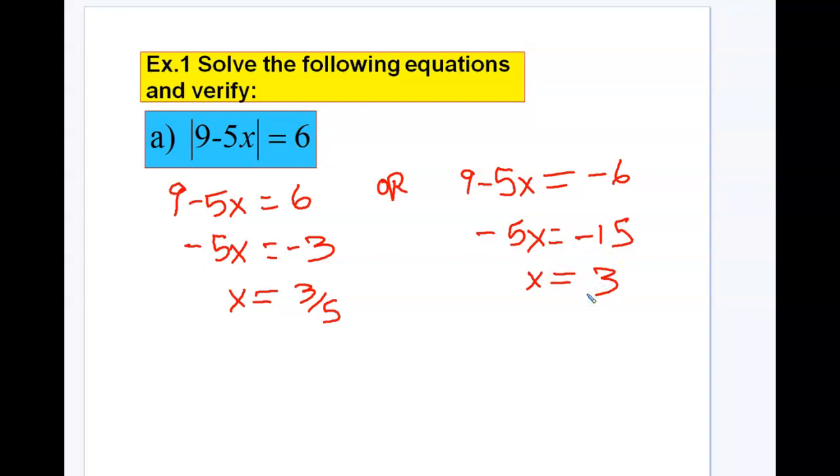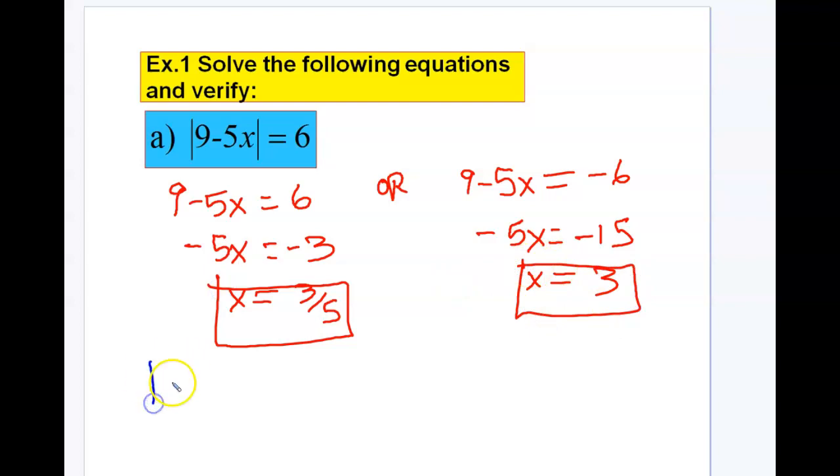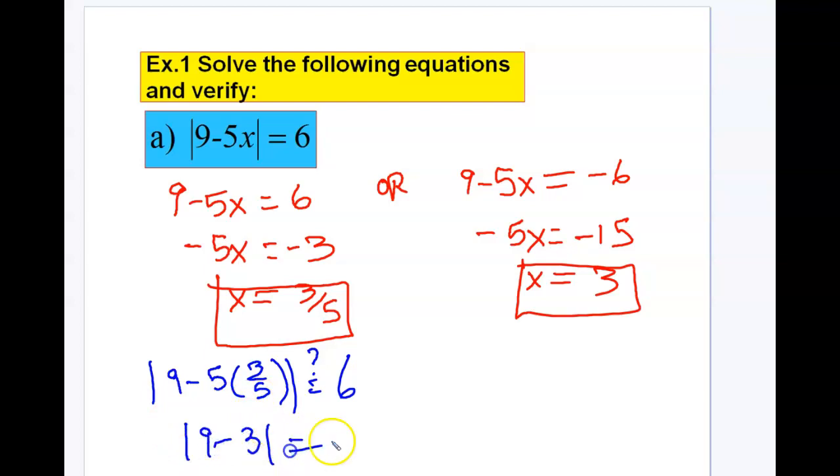Now, you must verify that both of these solutions are valid, and we always verify back in the original. So the absolute value of 9 minus 5 times 3/5, is that equal to 6? Well, 5 times 3/5 is 3, 9 minus 3, and we know that that's going to equal, so that is valid.